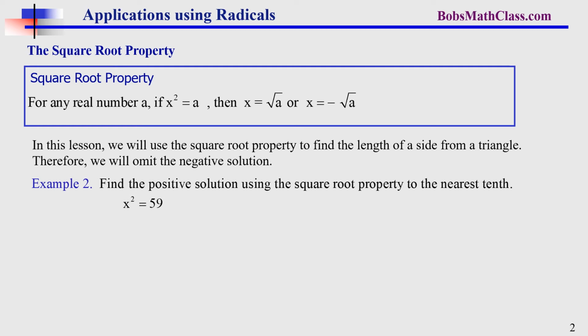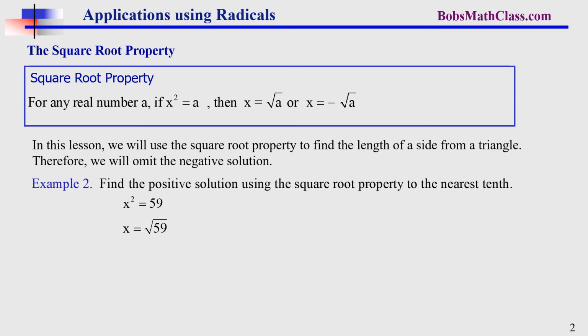So what the square root property says is if we have x squared by itself on the left-hand side, we're going to get rid of the square. But we have to put a square root on the other side. So that's what we're going to do. Get rid of the square on the left-hand side, but put a square root on the right-hand side.